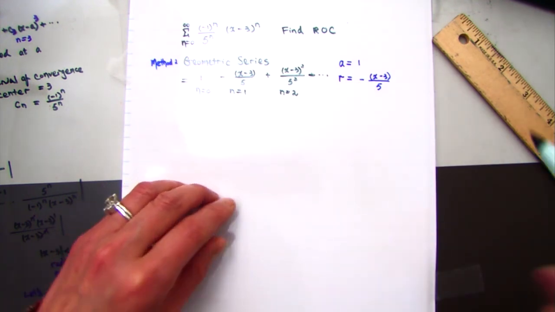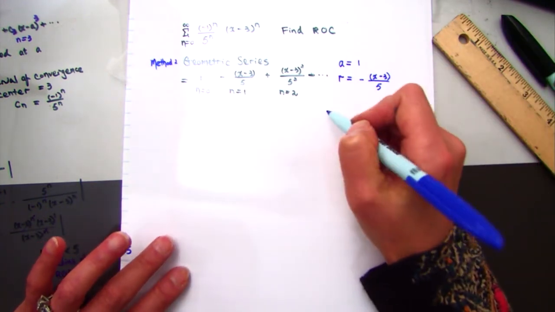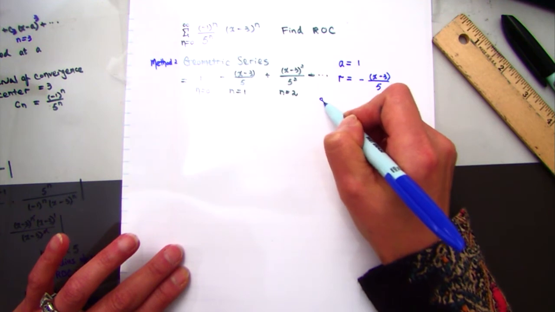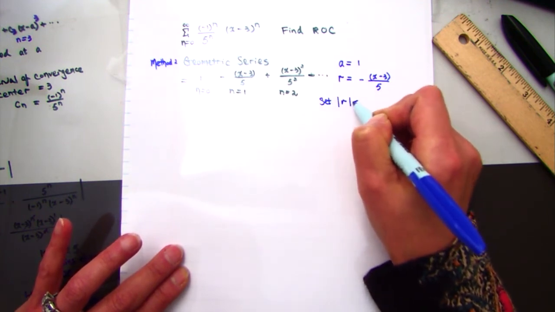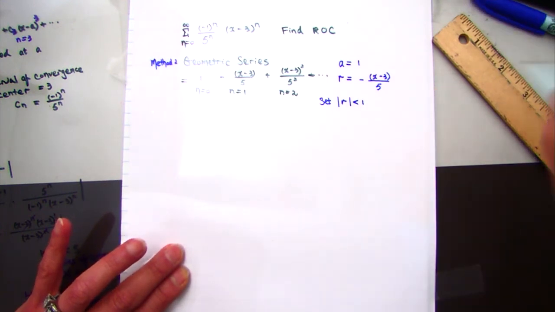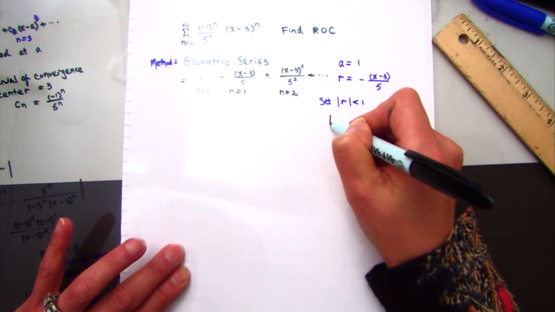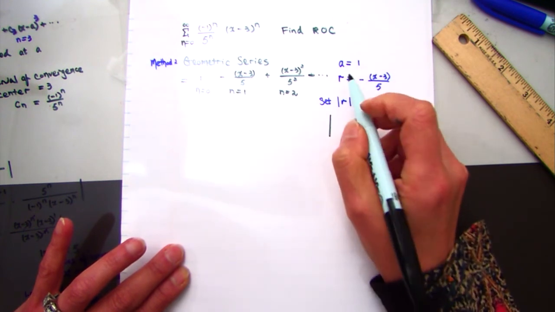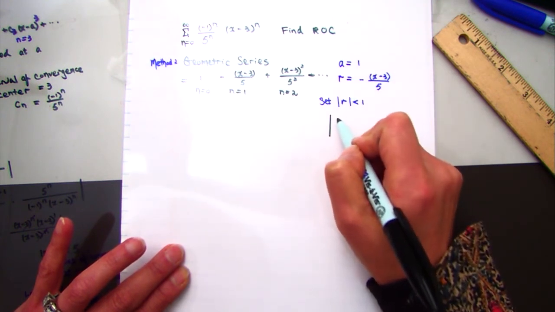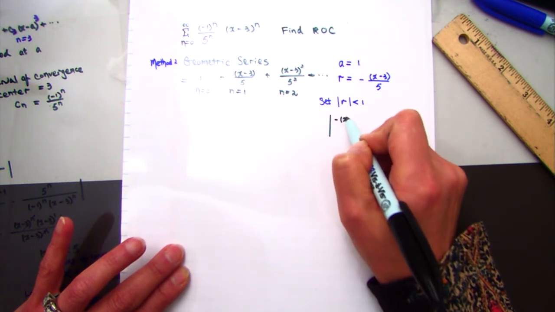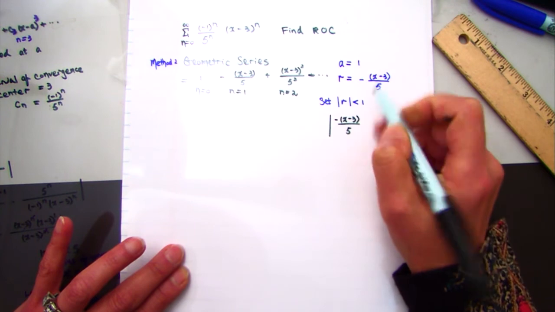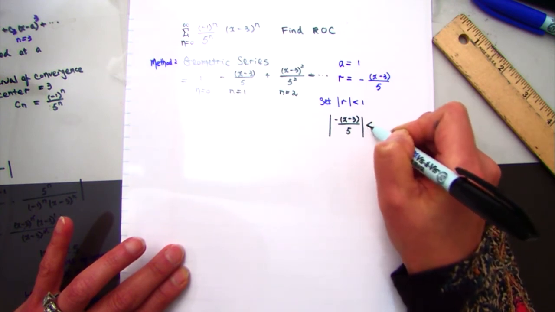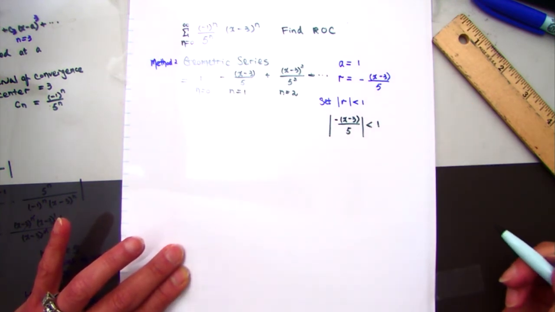Okay. All right, so how does it work in geometric series again? When does it converge? We're going to set absolute value ratio to be less than 1. So let's just apply that. Okay, all right.